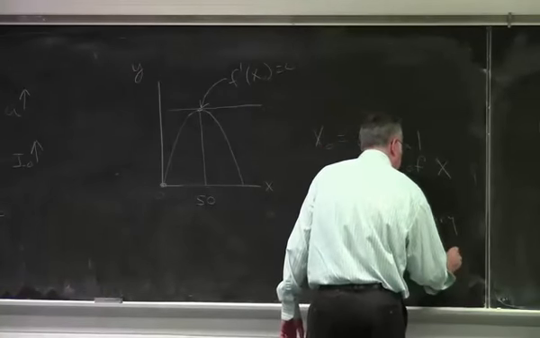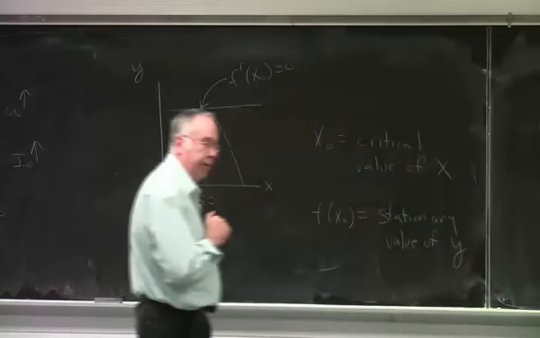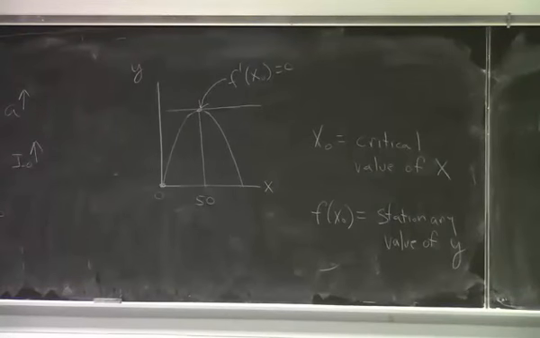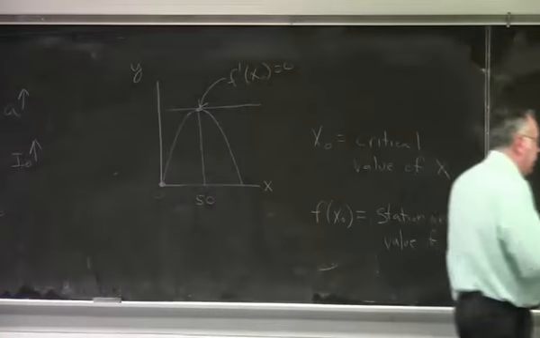In this case, the function, or y. We'll just call it y, since y is equal to f of x. That's the stationary value of y. And we'll just call that y sub 0, or f of 50.